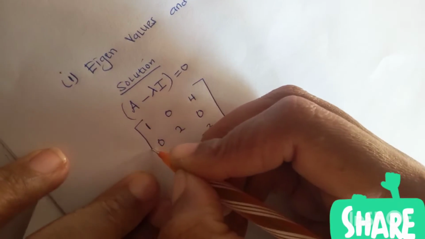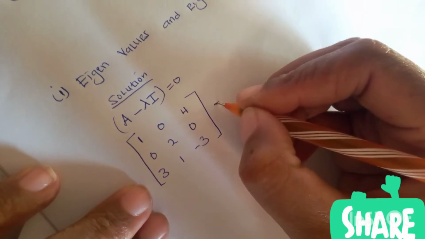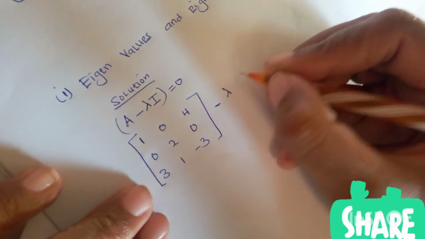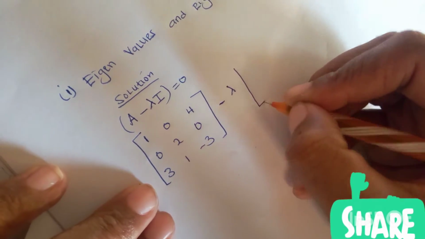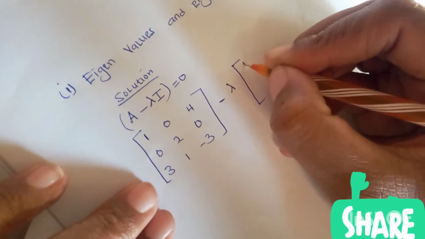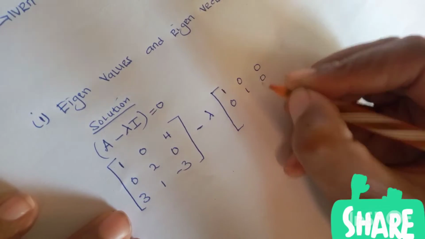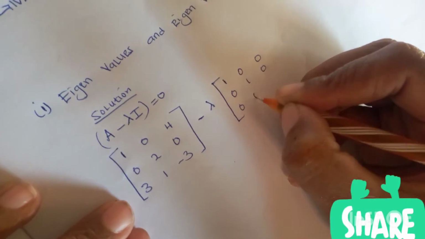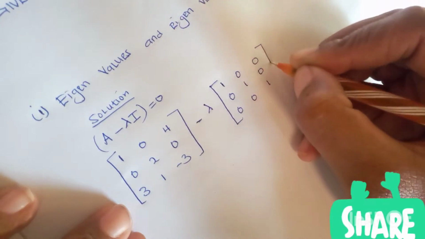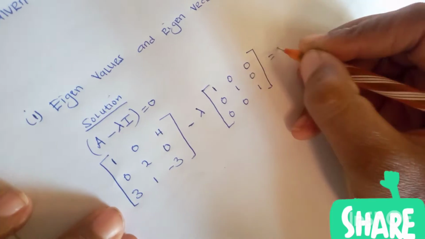That is our original matrix A minus alpha, multiplied by the identity matrix, which is [1 0 0; 0 1 0; 0 0 1], equals 0.